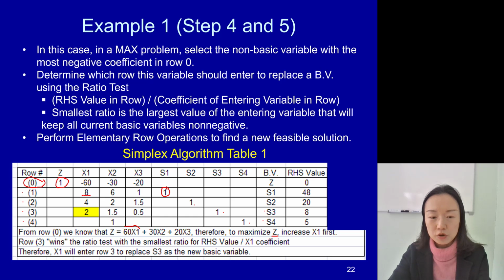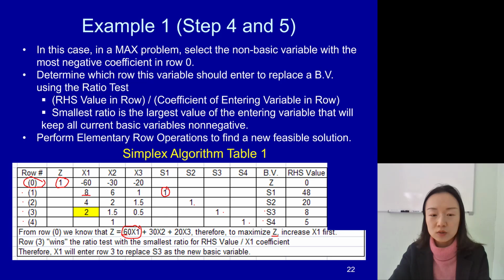When we compare x1, x2, and x3, x1 has the largest coefficient, 60. So increasing x1 will help us improve our objective function value the most. It will improve it the fastest because its coefficient here is 60.